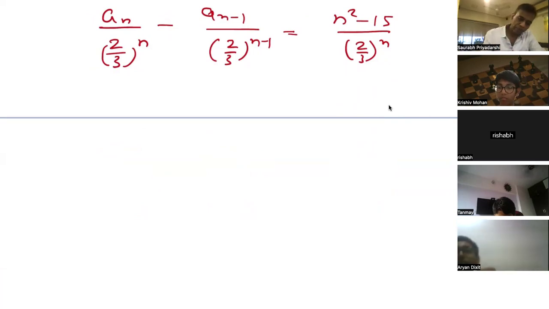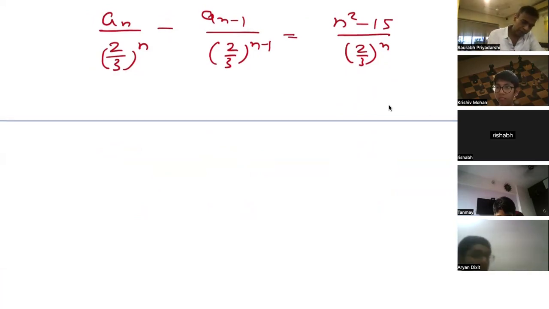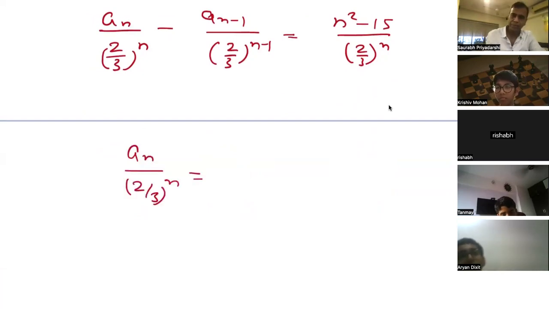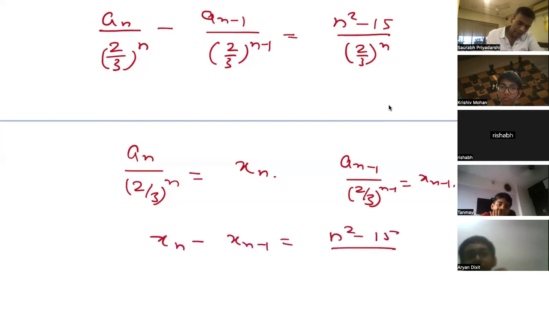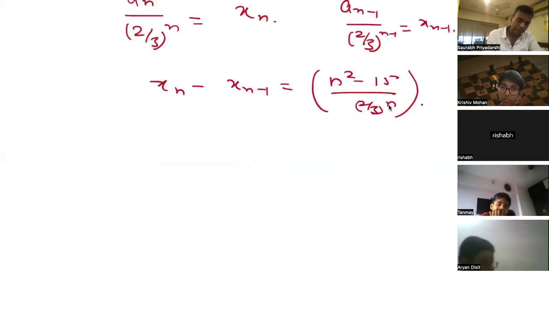So I'm saying this An by 2 by 3 to the power n is nothing but some xn. So An minus 1 by 2 by 3 to the power n minus 1 will be xn minus 1. So now I can say xn minus 1 is n square minus 15 by 2 by 3 to the power n. Is this okay?